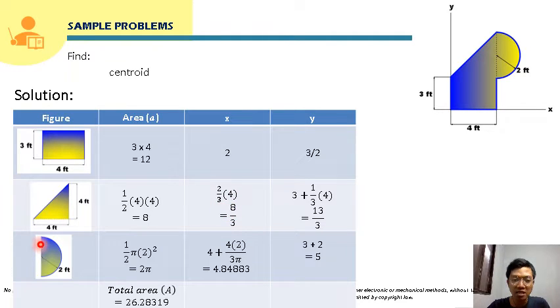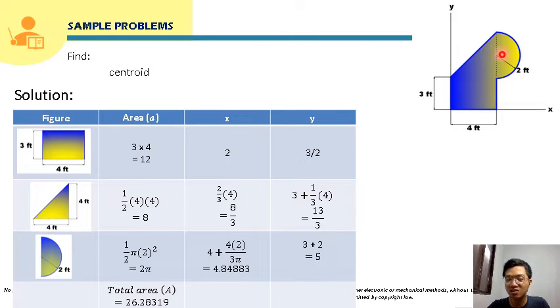Now for the semicircle, its centroid, as we know, will be somewhere here at this point. Its horizontal distance from the reference point, which is the x-coordinate, will be 4 plus this distance.